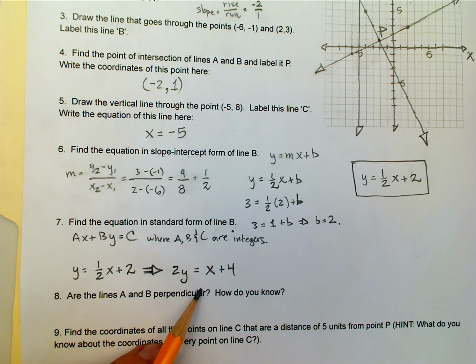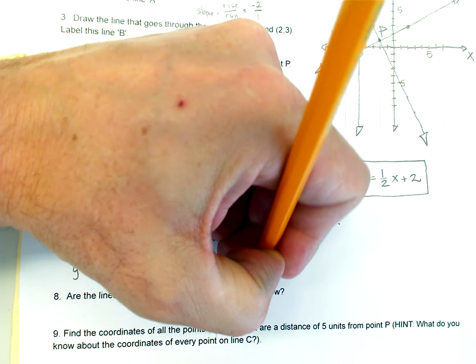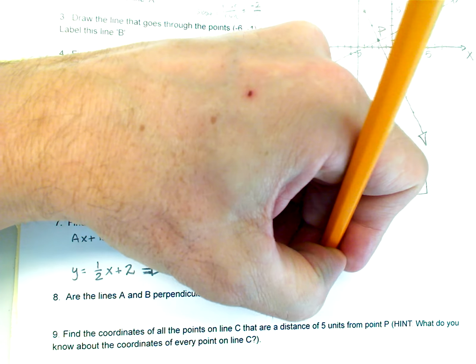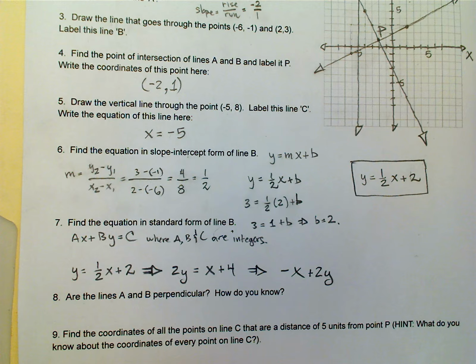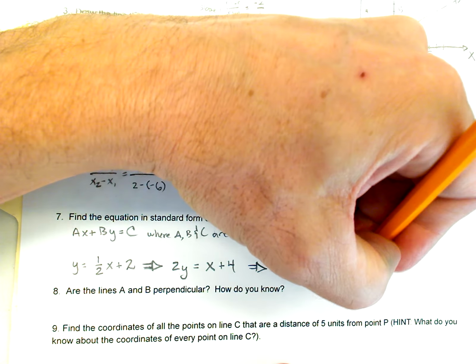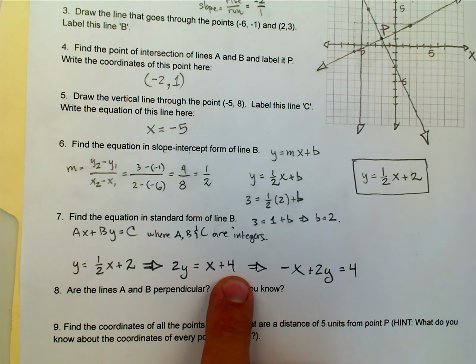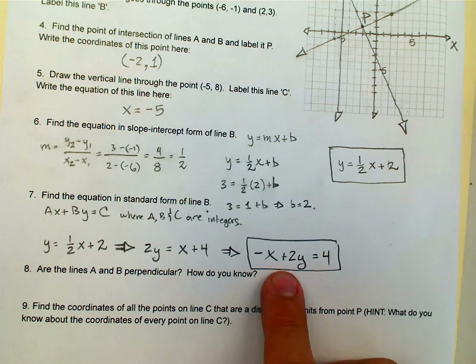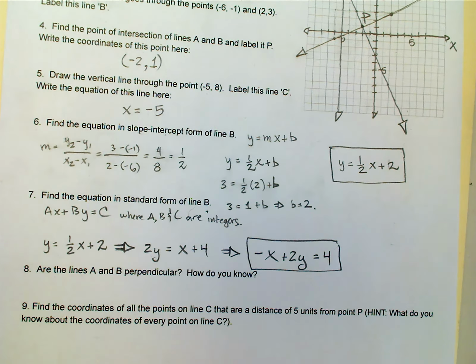It'll cancel out from this side, and I'll be left with a negative x on the left-hand side plus 2y, and that's going to equal 4, which is my constant term that's left over on this right-hand side of the equation. So that's it. That's standard form for this equation. And just to notice, my coefficient of x right here is -1.